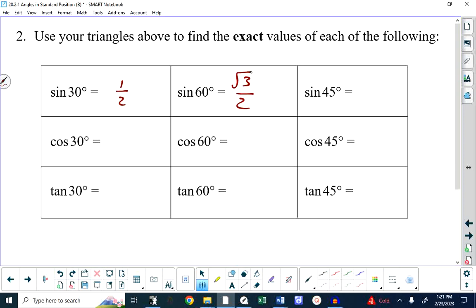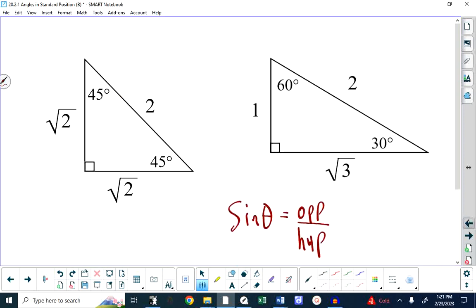One way or another, you need to know that. What's the sine of 45? Well, we look at the 45-degree angle this time. We've got 2 to pick from. I'm going to pick this one. Opposite is over here. Hypotenuse is here. So it's √2/2.